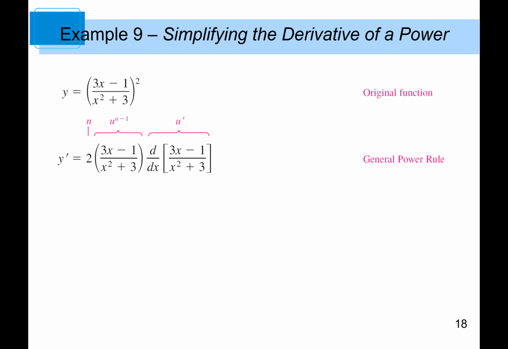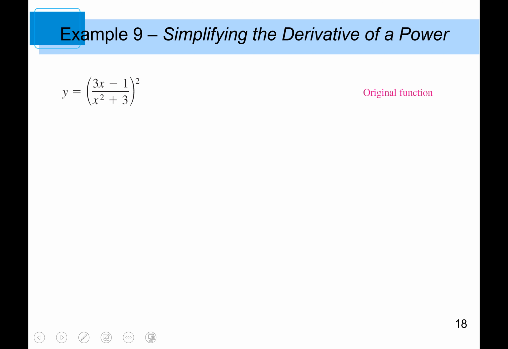And let's take a look at this one. So this one we're gonna use the general power rule, right? So we assume whatever is underneath this parentheses, u equals 3x minus 1 over x squared plus 3. And then what is u prime? For u prime, we gotta use the quotient rule.